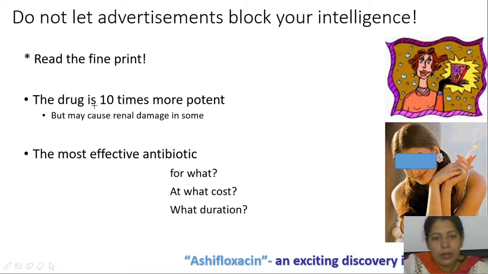For example, they would tell you the drug is 10 times more potent, and in the fine print it may cause some renal damage in some patients. So you need to know in which patients renal damage is likely to happen. 10 times more potent may not mean anything. Instead of 10 gram you would be giving 1 gram, instead of 10 milligram you would be giving 1 milligram. That does not mean much if the renal damage is significant. They may say it is the most effective antibiotic, but then for what condition, at what cost, and for what duration?